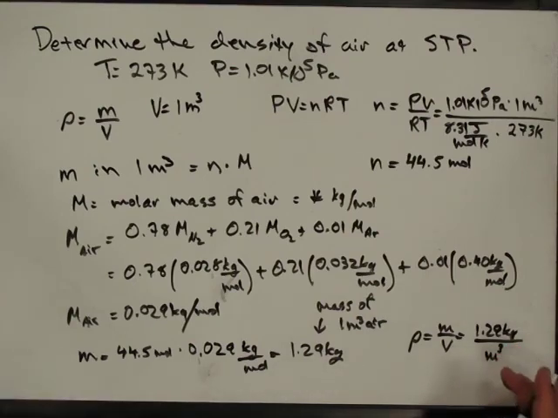You can sort of look at this and say, if you remember, the density of water is a gram per cubic centimeter, which comes out to be 1,000 kilograms per cubic meter, if you do that math. So the density of air is about 1,000 times smaller than the density of water.